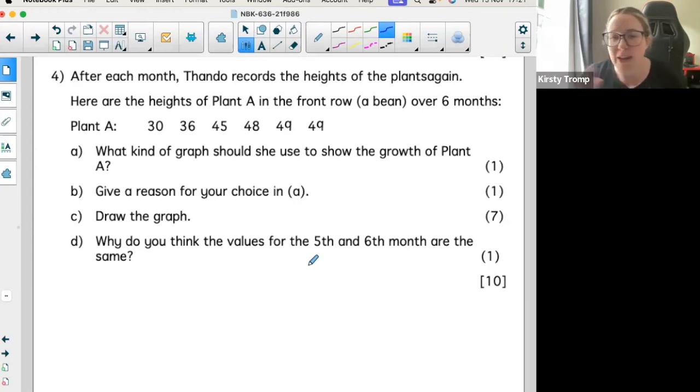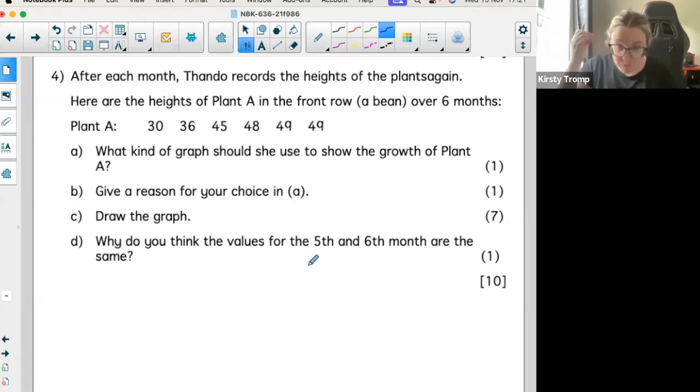Okay, guys, before I even go any further, what do we know about heights? Can height have decimals to it? Can I be 1,52 meters? I can, hey? Can a plant be 30,2 centimeters? It can, hey?